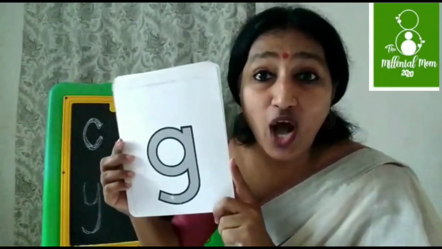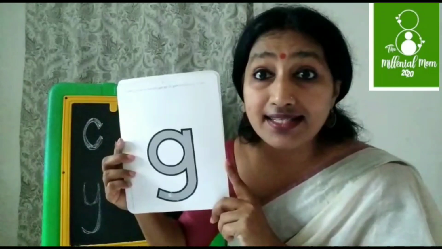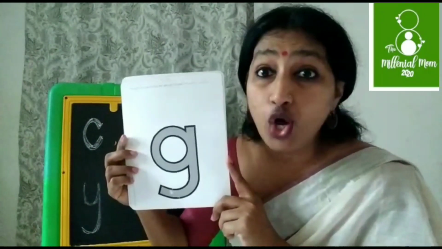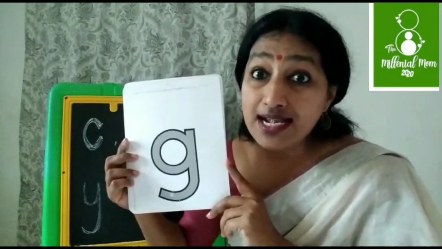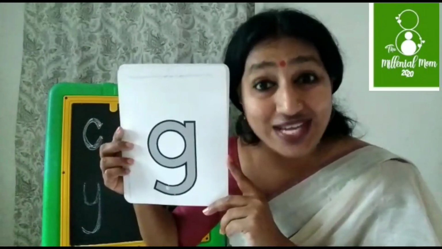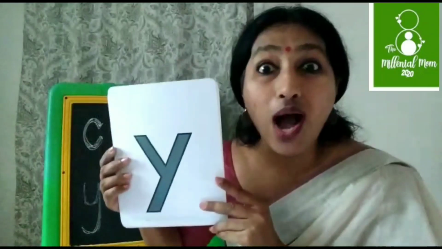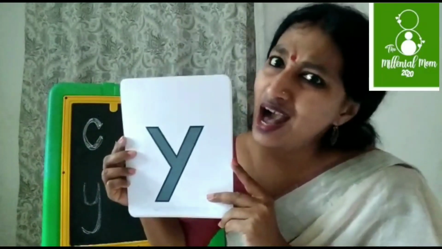The sound of G is G, G. G for goat, G for girl, G for guitar, G for gate, G for gun, G, G, G. So the sound of G is G, G. And Y. How do you search for the sound of a letter?